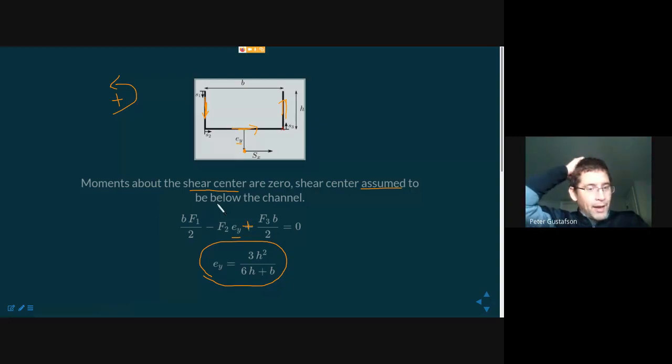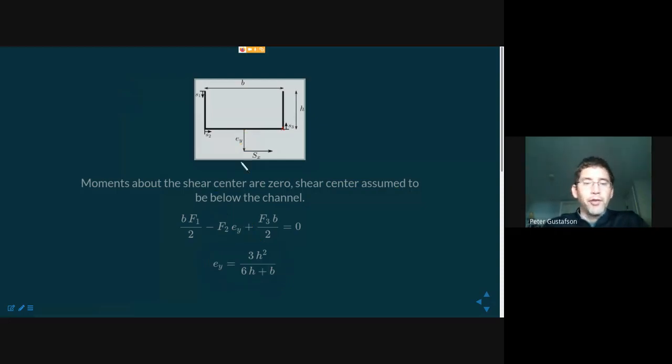When we come back next week, next Tuesday, we're going to repeat the tail end of this calculation, the moment portion. What we're going to do instead is say, okay, let's pretend I didn't know that it was below. I didn't have the physical example, I didn't have the finite element model to suggest that this was below.